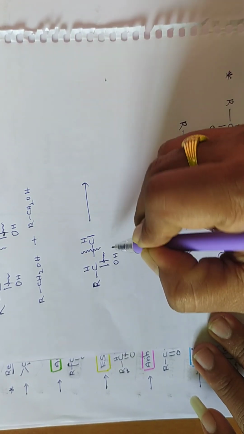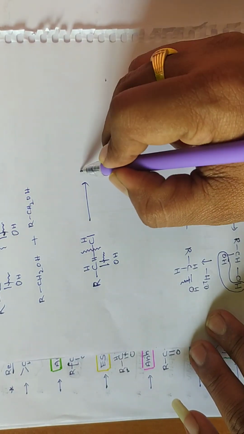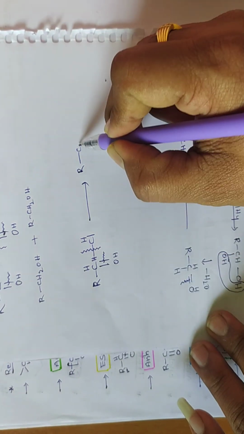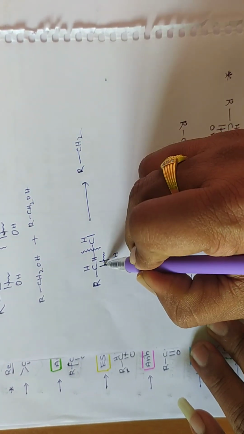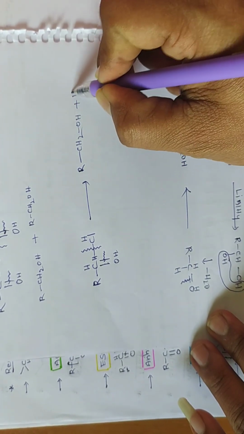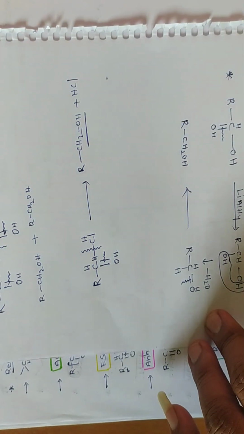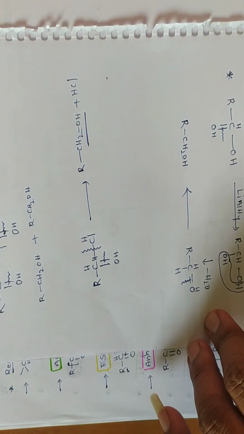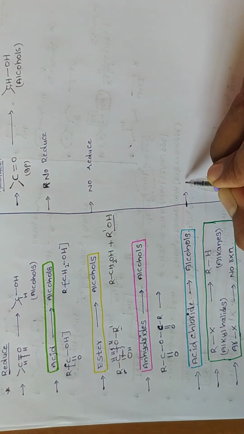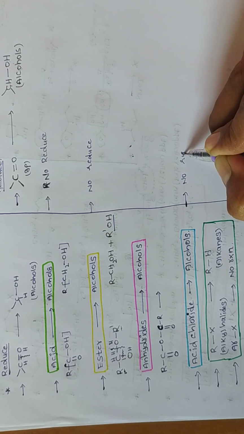Whenever a C=O group is there, you must break that bond. Now what is remaining here? R, CH2, single bond OH, plus HCl. We are getting primary alcohols. This is how acid chlorides are converted into alcohols. Whereas sodium borohydride does not reduce acid chlorides to alcohols.